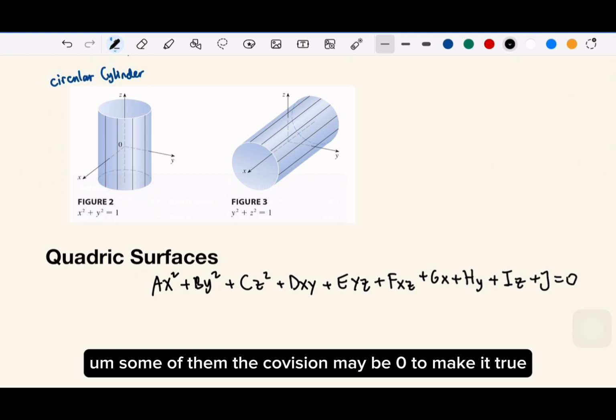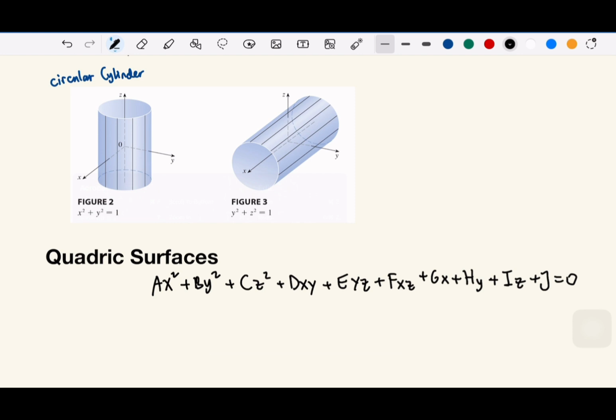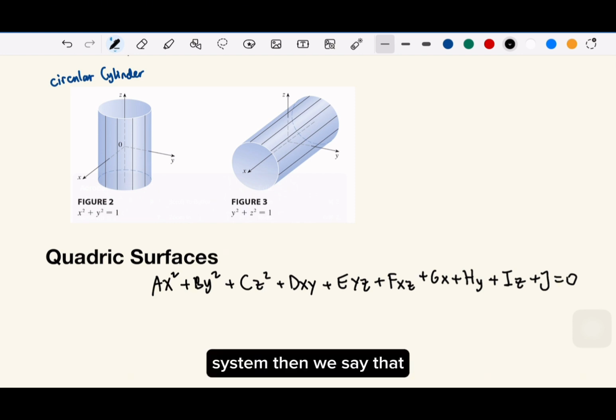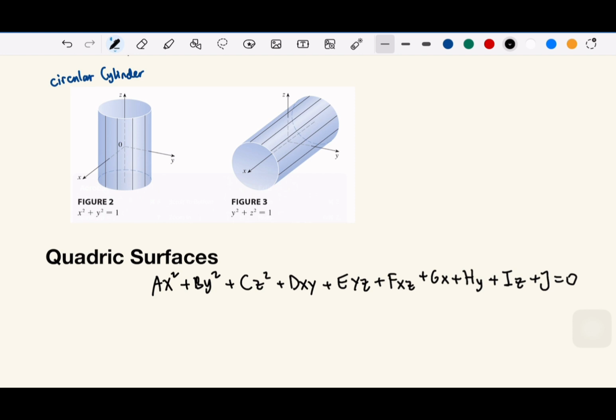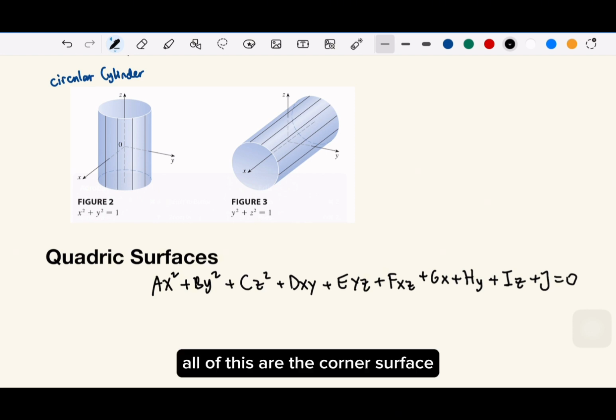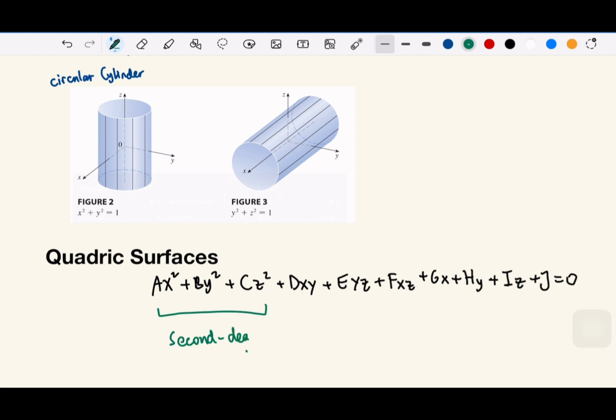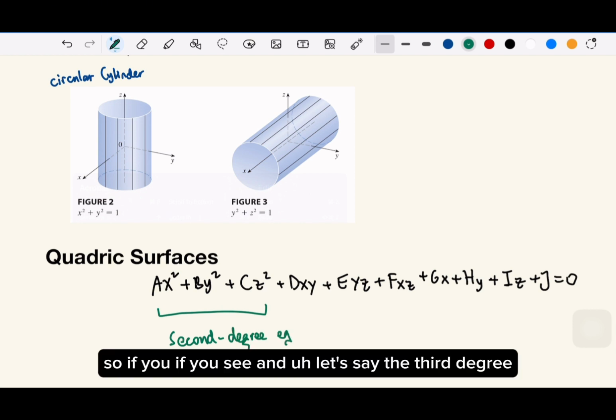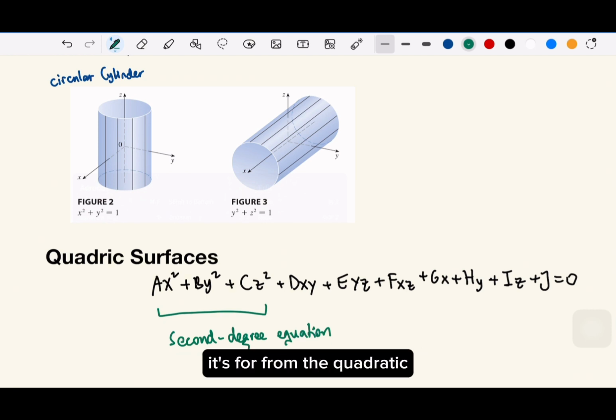As long as we have this system, all of these are quadric surfaces. So it must be a second degree equation. If you see, let's say, a third degree, it is not a quadric surface. It should be second degree. That's why it's called quadric, from quadratic.